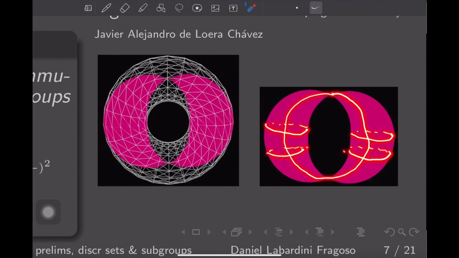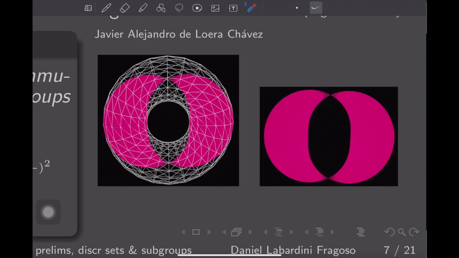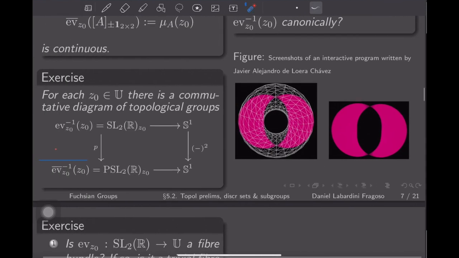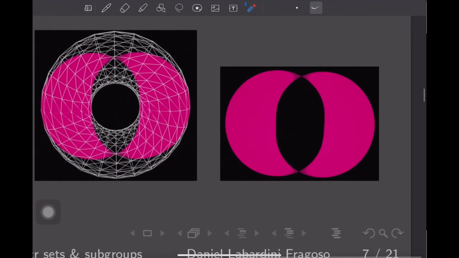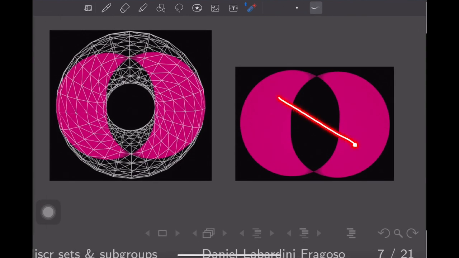So this is an exercise to think about. That's how the stabilizers look, and you see this point and this point really go to the identity function of U bar, and this quotient really identifies antipodal points.